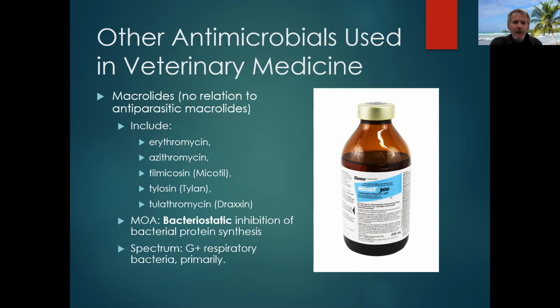Thanks a lot. These include drugs like erythromycin, azithromycin, tulathromycin, as well as a couple with names that sound totally different, tilmicosin and tylosin. So in general, if it ends with a CIN or a SIN, it might be a macrolide, but there might be a few others.